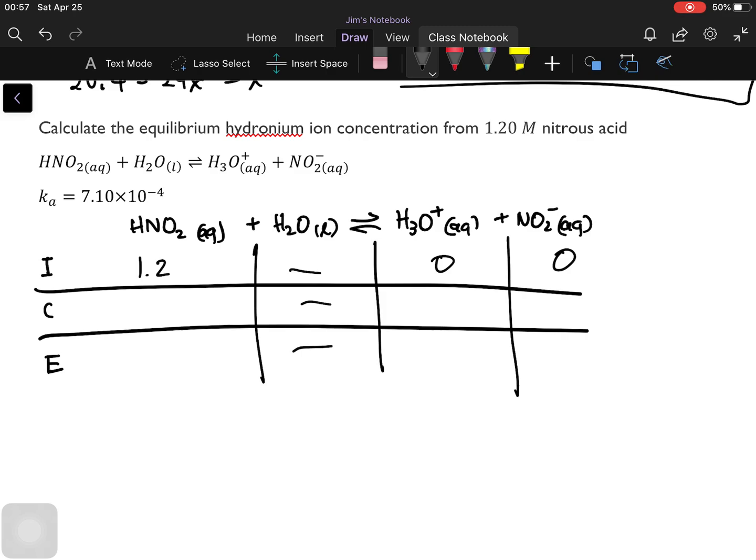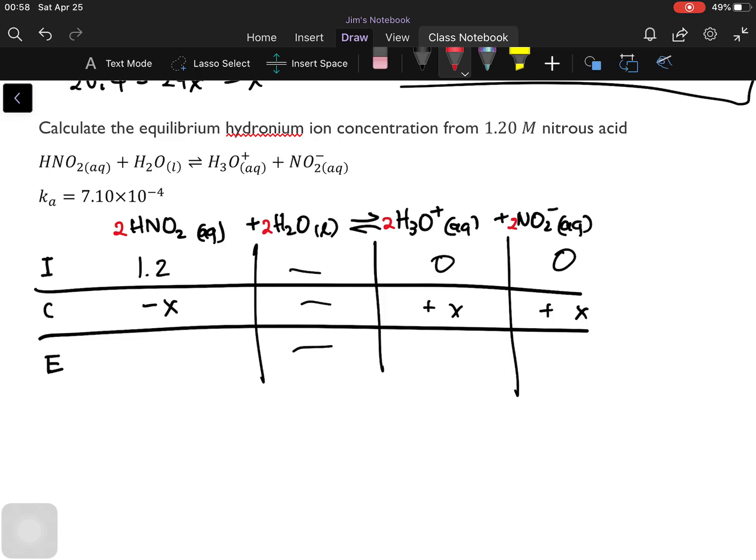So for the product side, that will be positive x, and negative x for the reactant. By the way, if you have coefficients in your chemical equation, let's say this contains 2, 2, 2, and 2, we're going to multiply the value of x by the coefficient.